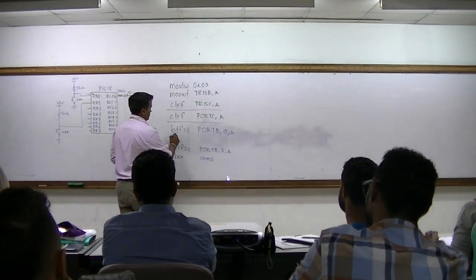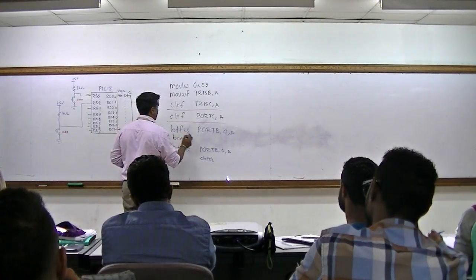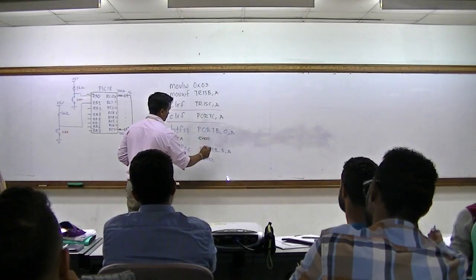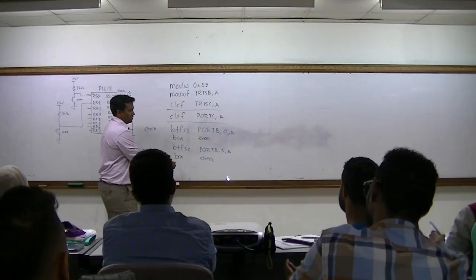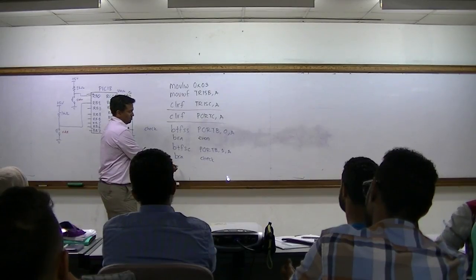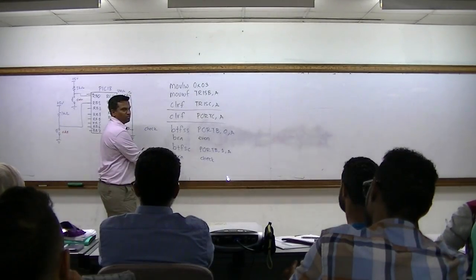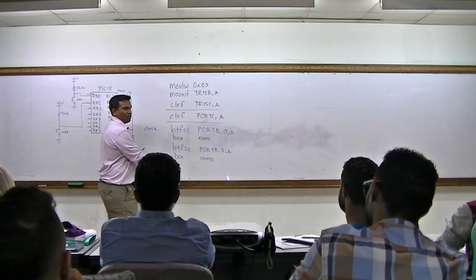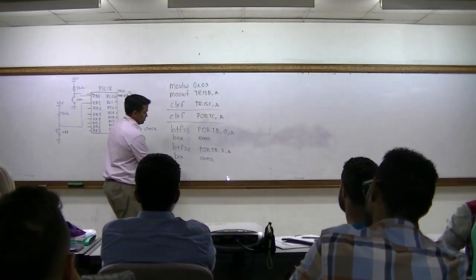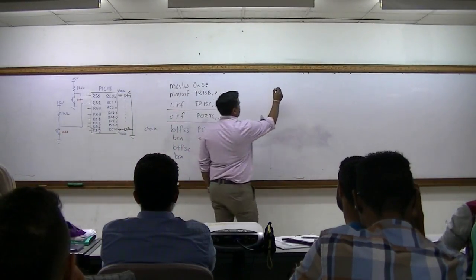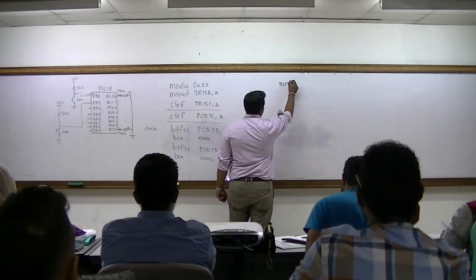So branch, this is even, right? Branch even. This one is the second one. If it's pressed, it should come here, right? Because this is the last one, you don't have to branch odd. Instead, here is what we want to do, odd, right. So what you can do is MOVLW. So you can move.